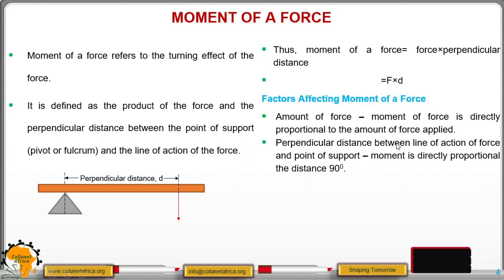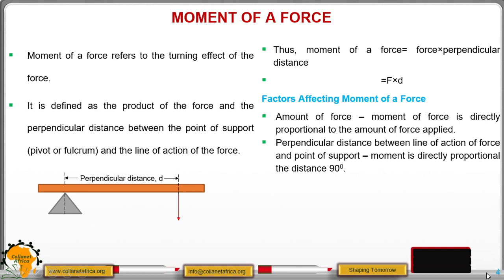Also, we have the perpendicular distance between the line of action of the force and the point of support, and the moment is directly proportional to the distance at right angle. So, if we take that the angle between this distance and the line of action of this force is 90 degrees, the more you increase the distance, the higher the moment of force.